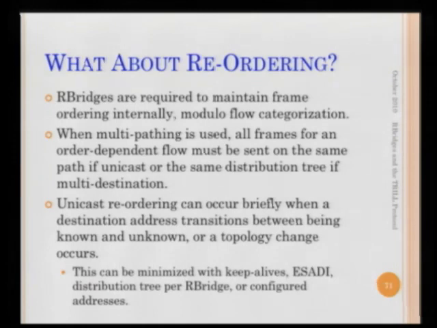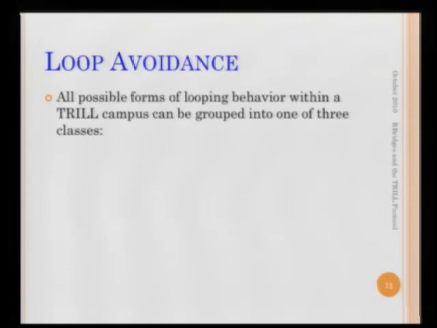You can essentially eliminate that transition by using keepalives, using ESADI to distribute more rapidly. You can do more distribution trees to make the unicast and multicast distribution similar, or you can use configured addresses. So, like, FCoE plans to solve this problem by using keepalives. That's why they're provided there.